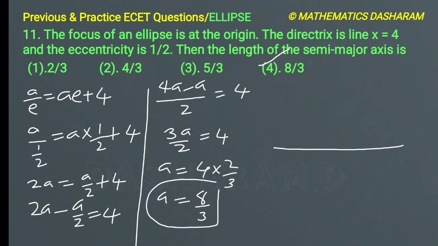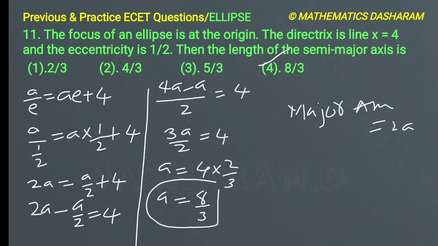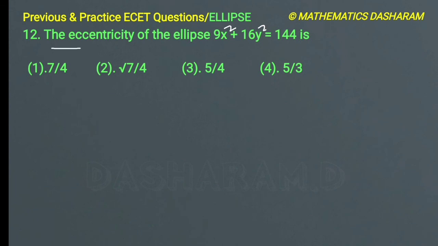So the length of the major axis formula is 2a, but he is asking for the semi-major axis. Semi-major axis means just the a value is enough. So that is why a equals 8 by 3. Option 4 is correct.